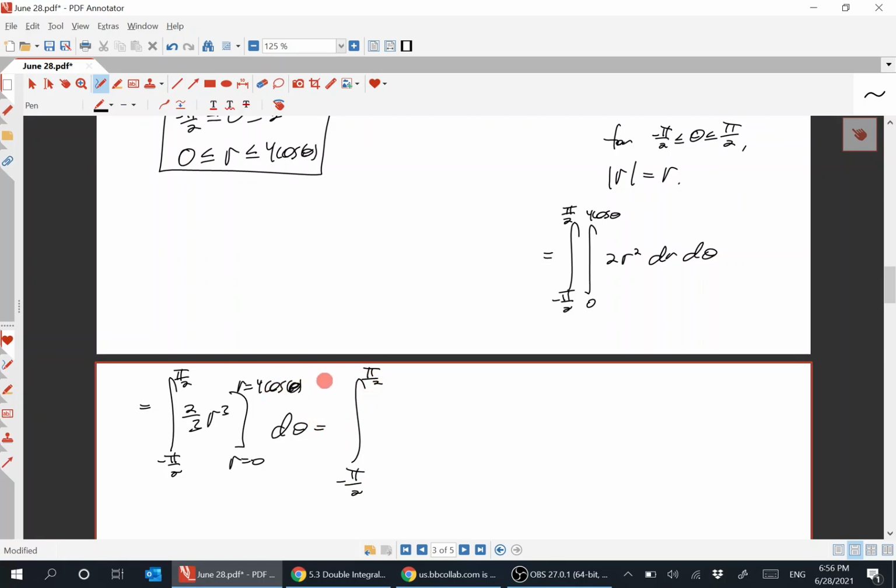So 4 cubed is 64, 64 times 2 is 128. So 128 over 3 cosine cubed theta, minus at 0 is just 0.